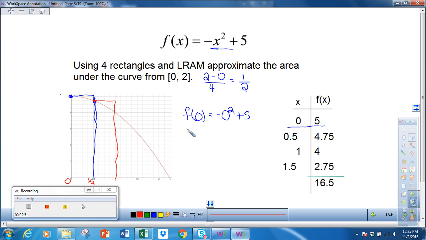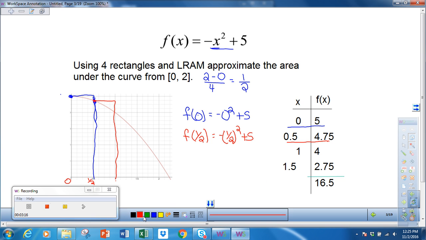I'm going to evaluate the function for a half, and I get negative 1/2 squared plus 5, which gives me 4.75. That is the height of my rectangle. Since all of my rectangles have the same width, I'm going to wait until the end to multiply them all by a half.